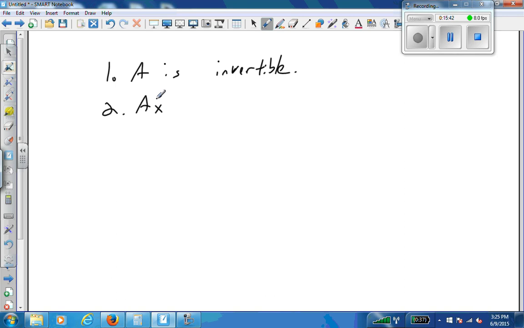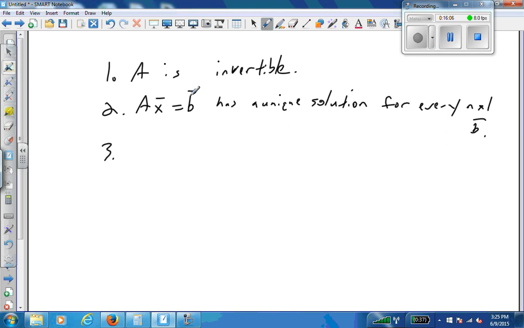The system AX equals B has a unique solution for every n by 1 column matrix B. So for every different B, this system has a unique solution as long as A is invertible.